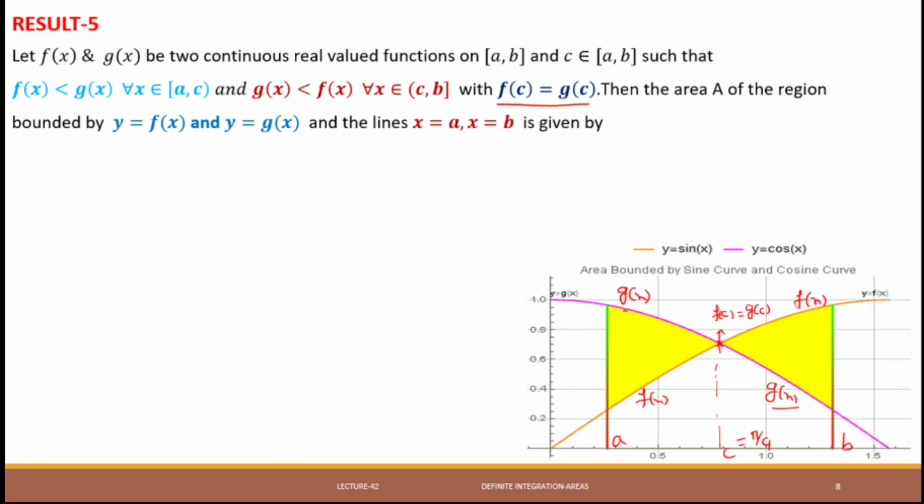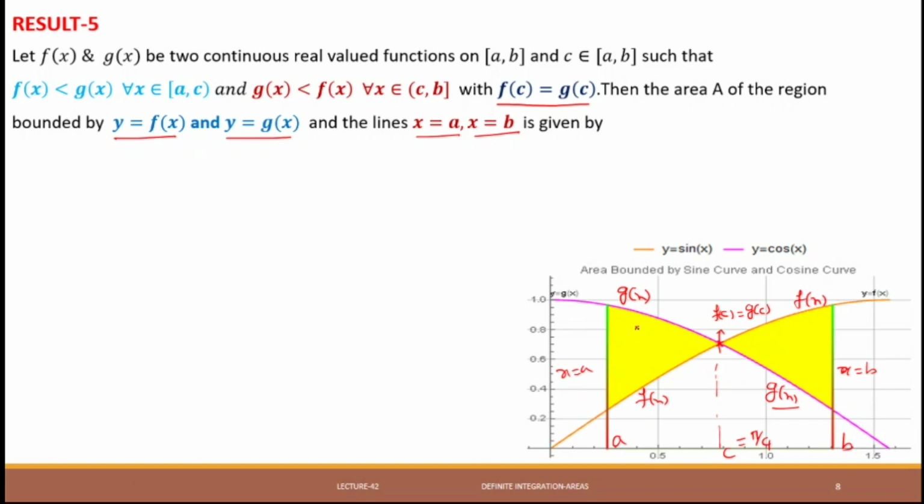In the earlier interval the graph of g of x lies above the graph of f of x. Now what is that you have to do? You have to find out the area of the region bounded by the two curves y is equal to f of x and y is equal to g of x and the two straight lines x is equal to a and x is equal to b. So this is the straight line x is equal to a and this is the straight line x is equal to b. So this is the area of the region that we need to find out.